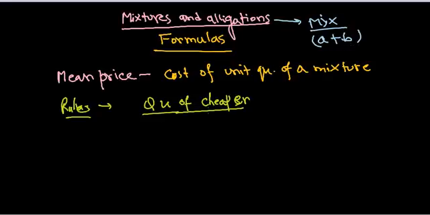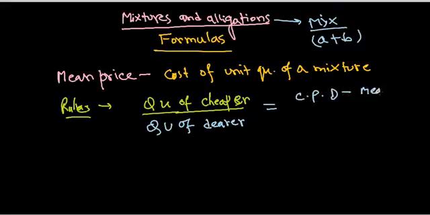So the quantity of the cheaper product divided by the quantity of the dearer product equals the cost price of the dearer minus the mean price, divided by the mean price minus the cost price of the cheaper.